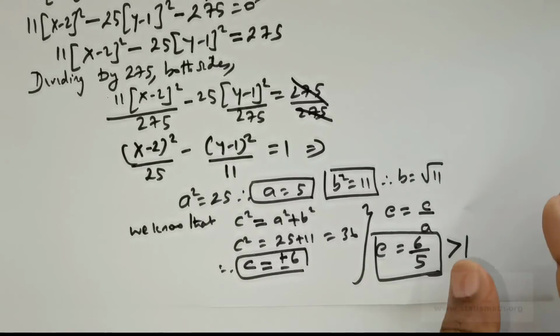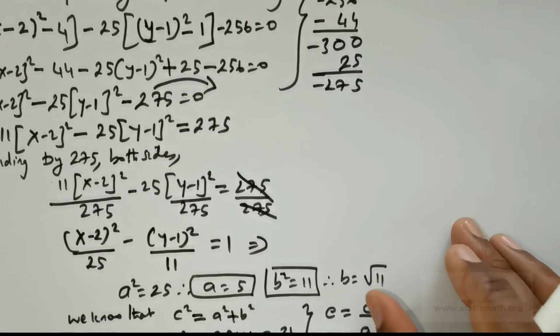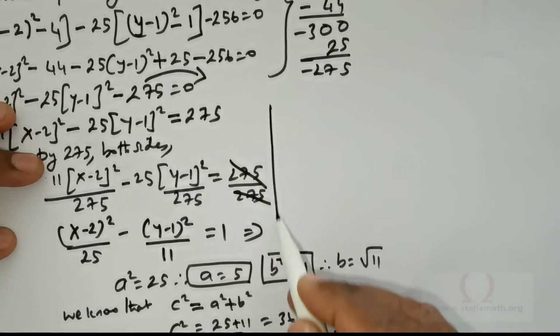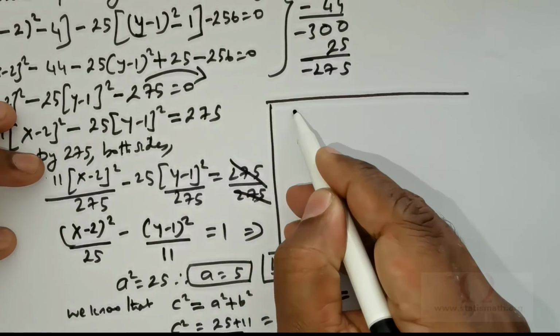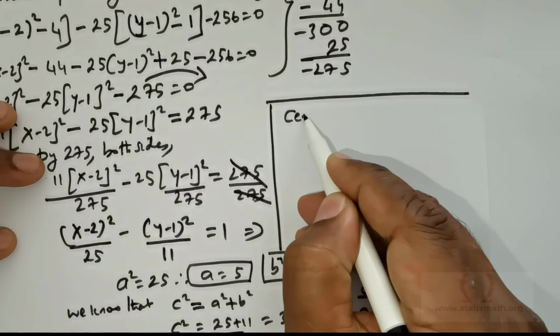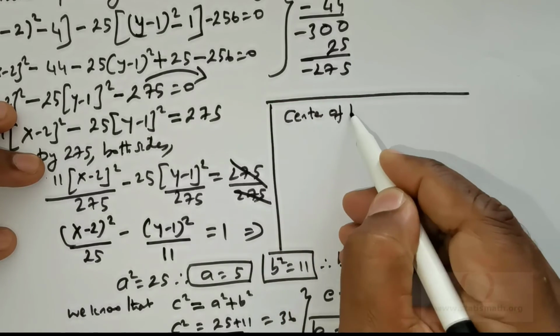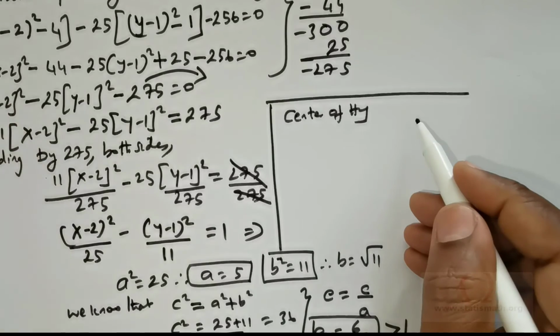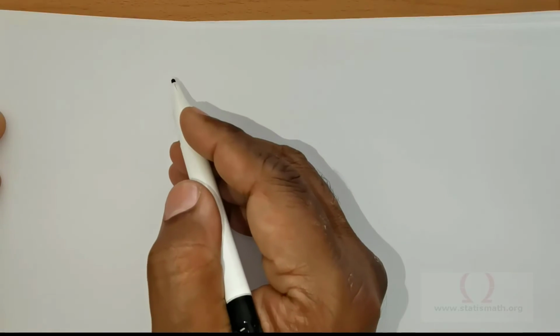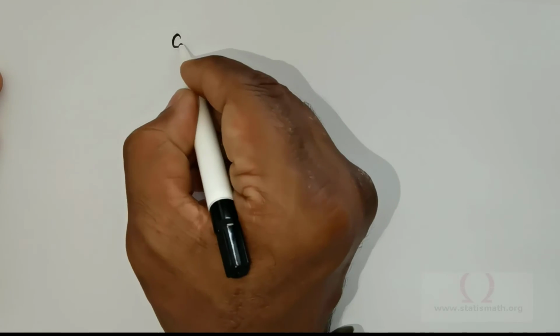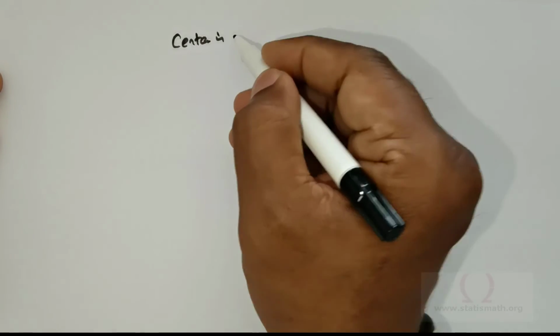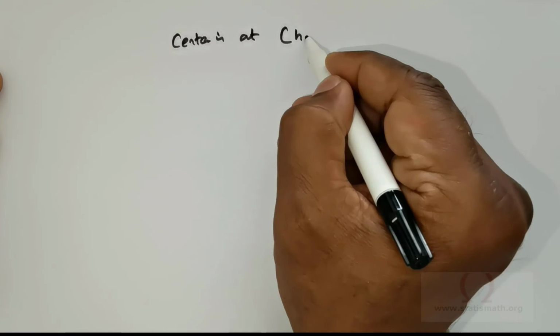Now, we need to obtain the foci. To obtain the foci, I will be using this space here. Now the center of the hyperbola, let me write that down here. The center is at h comma k.